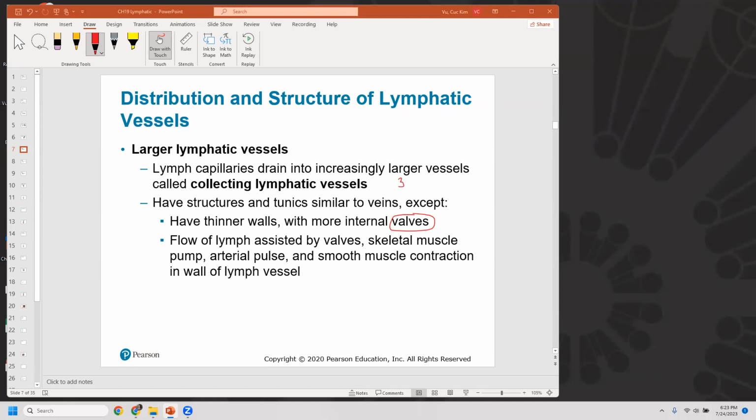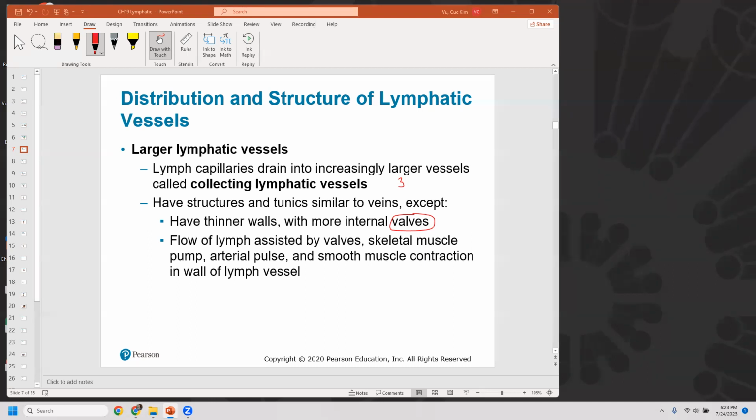More structural than physiological. The valves, right? Arteries don't have valves, but veins do. And the main reason for that, because remember, valves prevent backflow, right?